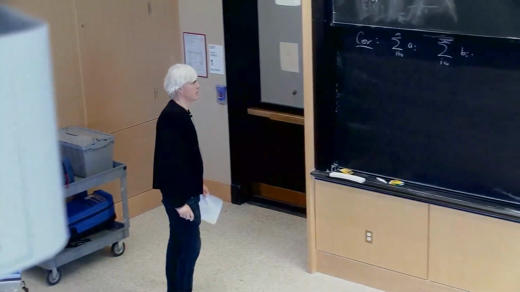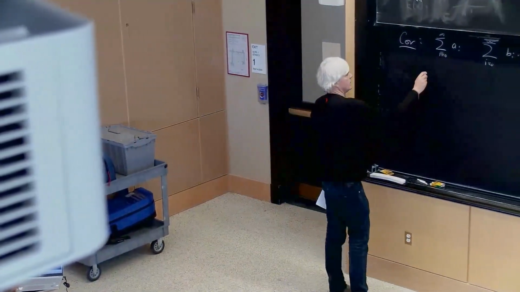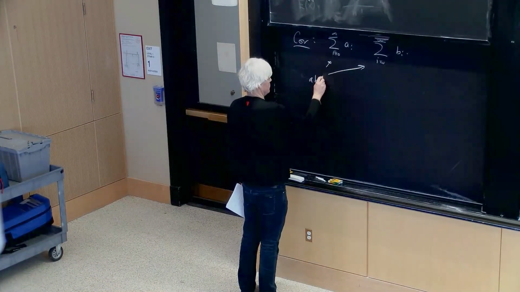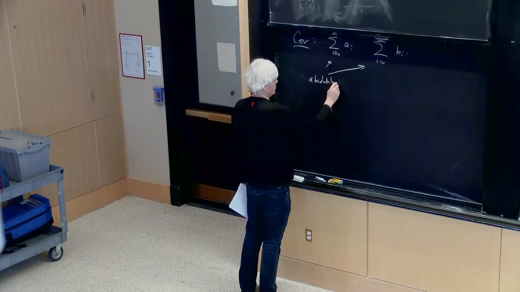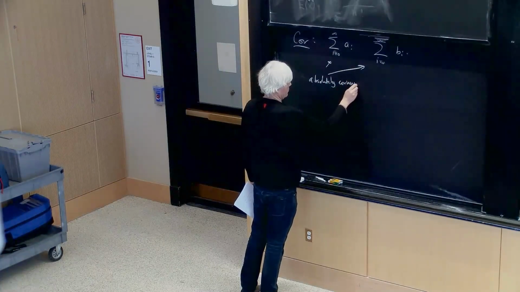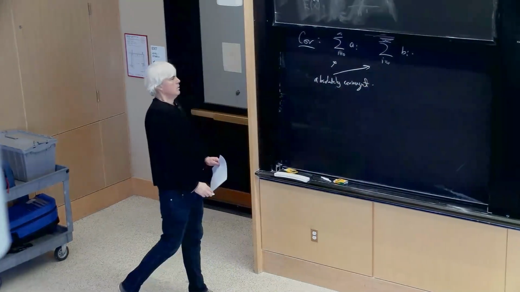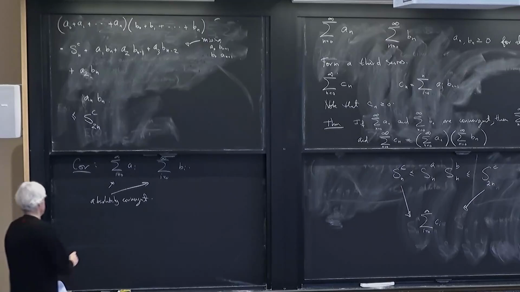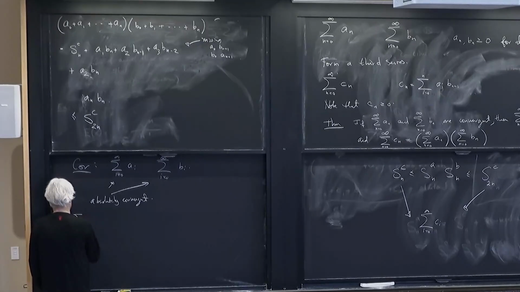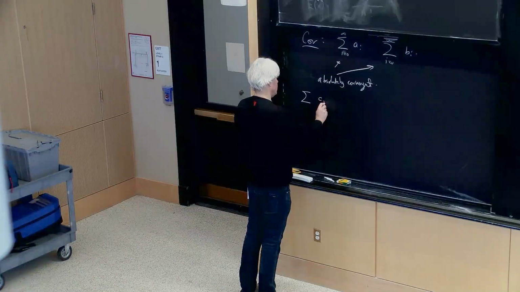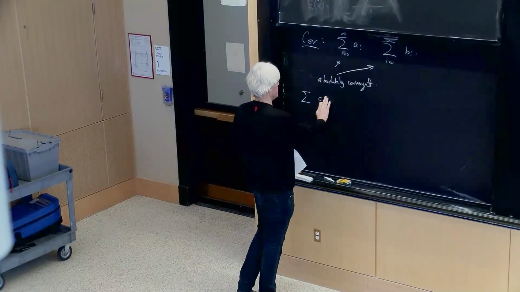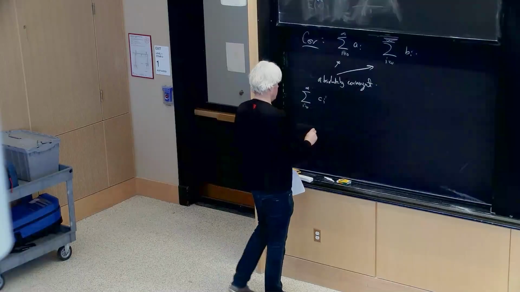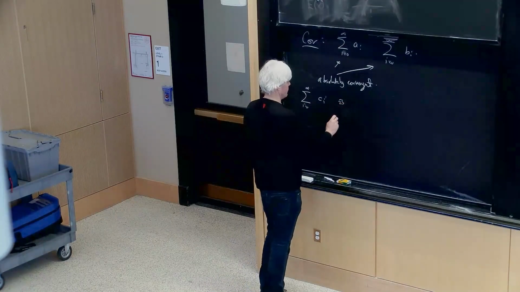Suppose I take two series here, and I know that they're both absolutely convergent. If they're both absolutely convergent, then if you take this series Ci, I claim this one is also absolutely convergent.